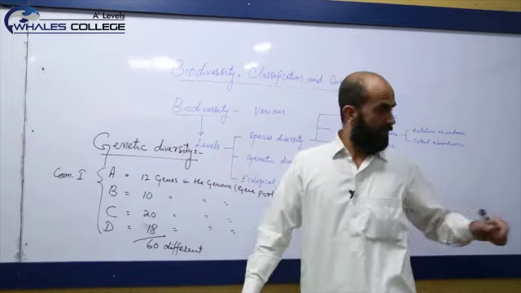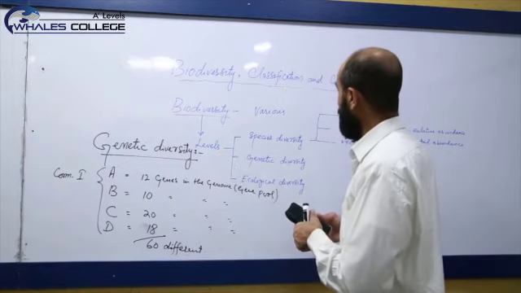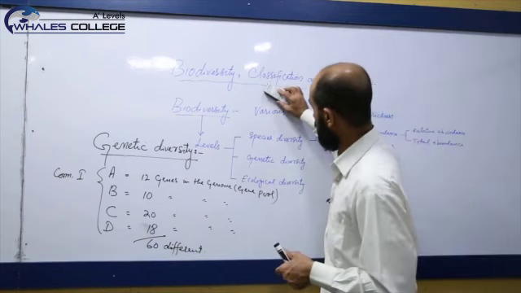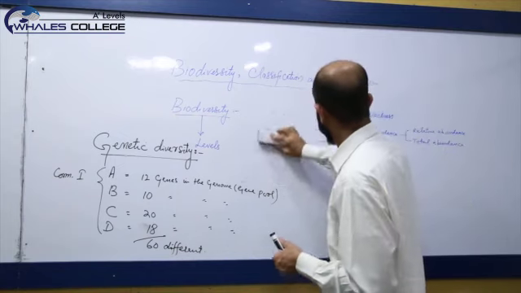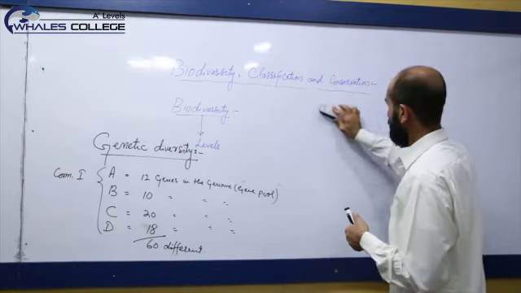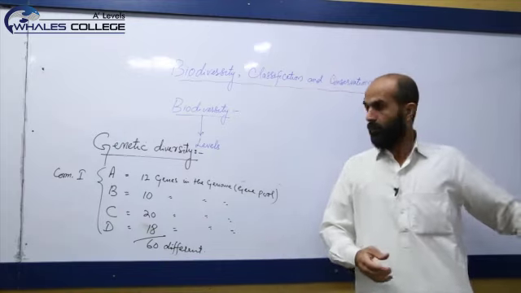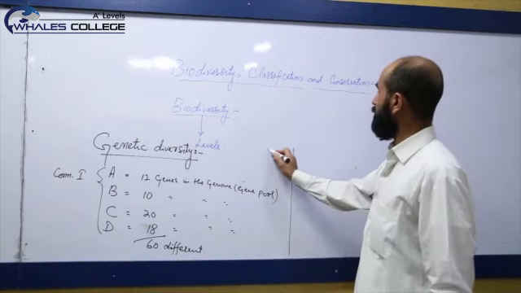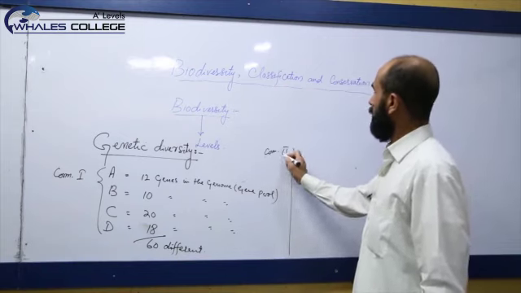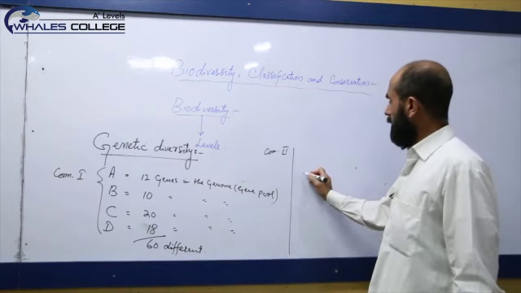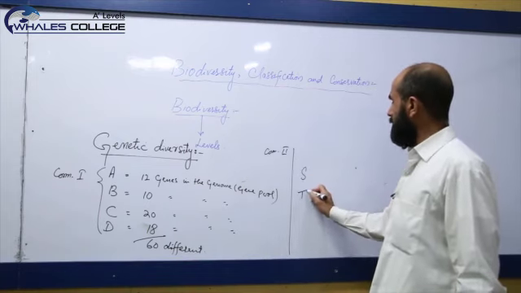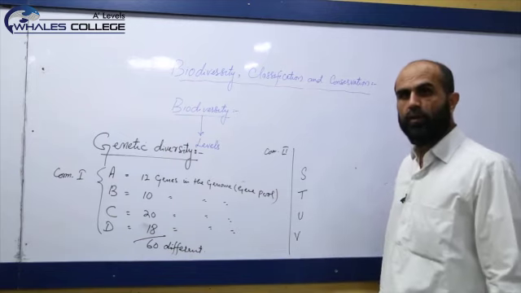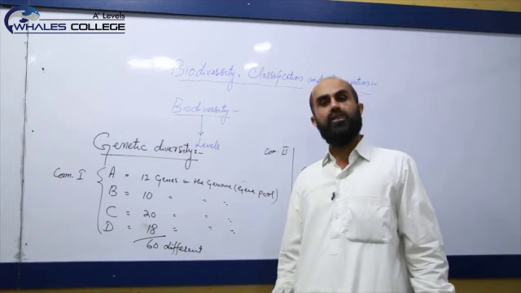Now, suppose there is another community. This is community 2. Here we have species S, species T, species U, and species V. Of course, they are different species, so they have different numbers of genes.